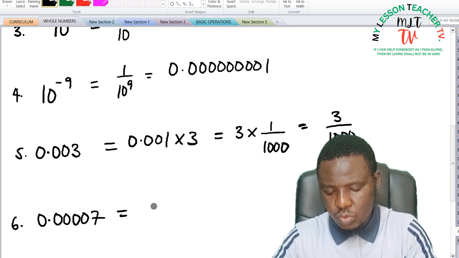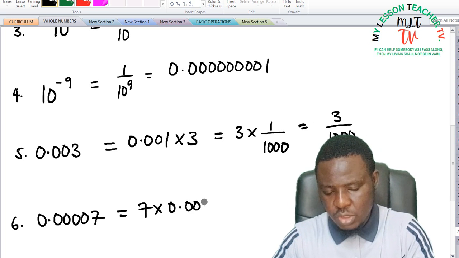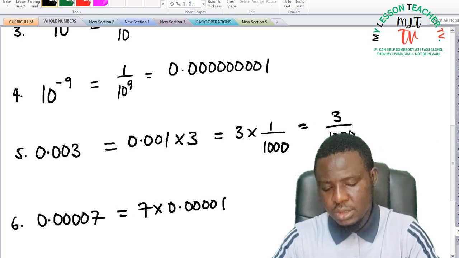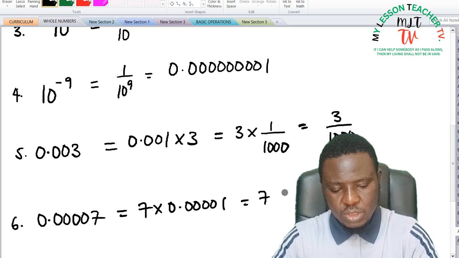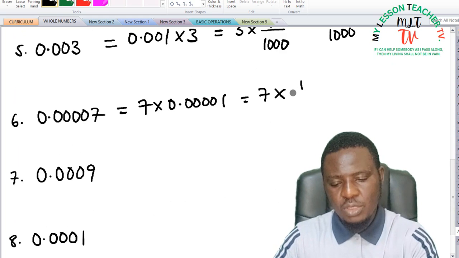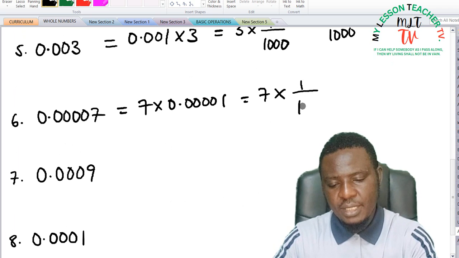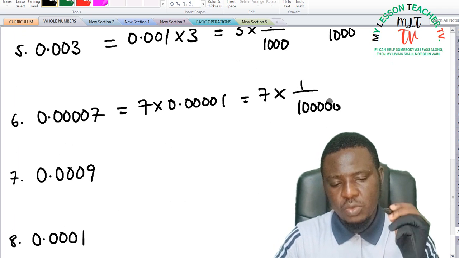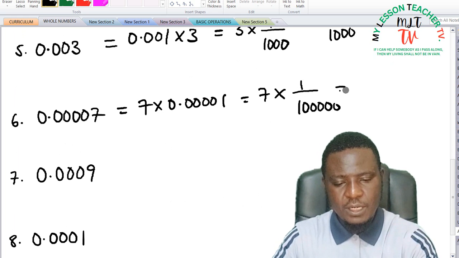Number 6, this can be expressed as 7 times 0.00001, which is equal to 7 times 1 divided by 100,000, and this is equal to 7 divided by 100,000.